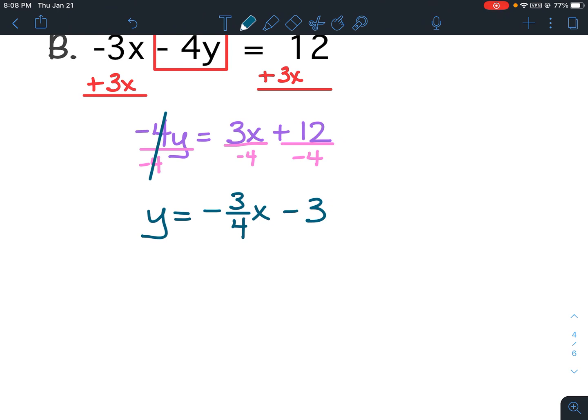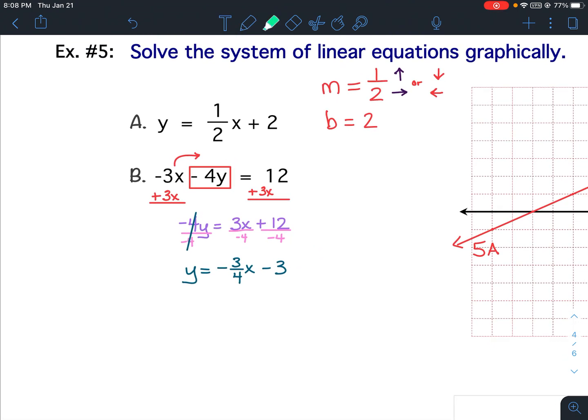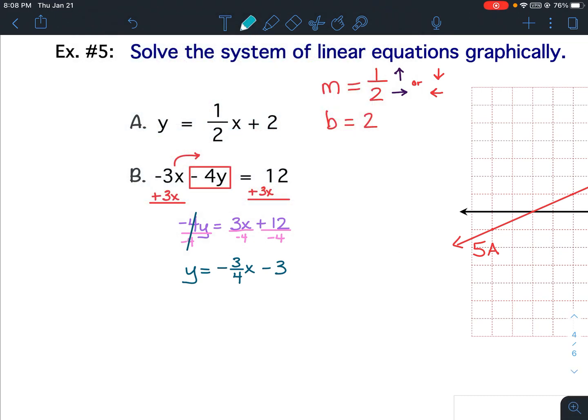Now before we graph this, let's examine our lines. For the slope of line A, it's 1/2. For line B, it's -3/4. So my slope is -3/4. This number right there is the slope, and the y-intercept is this number right here.